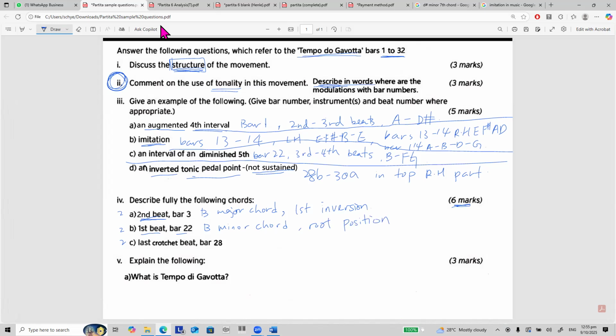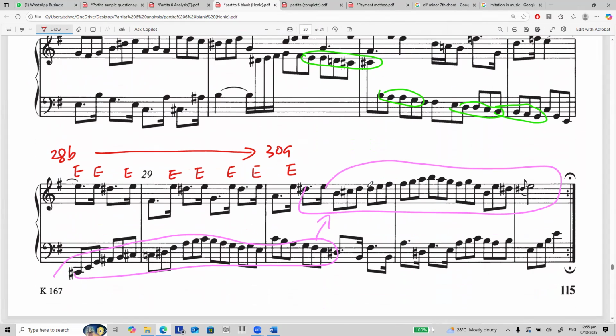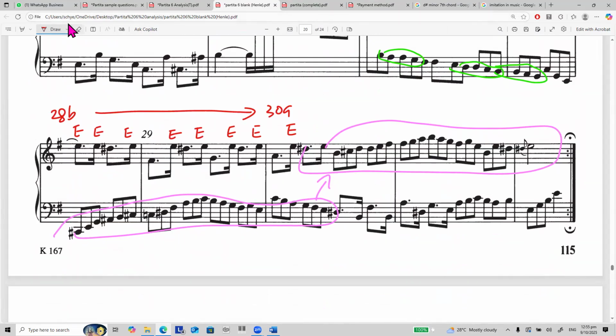Next one, look for last crotchet beat in bar 28. Last crotchet in bar 28, which is here. This is bar 28. Last crotchet should be this one.